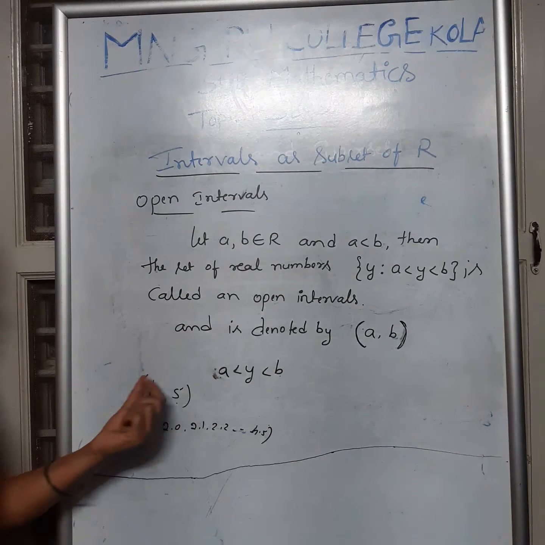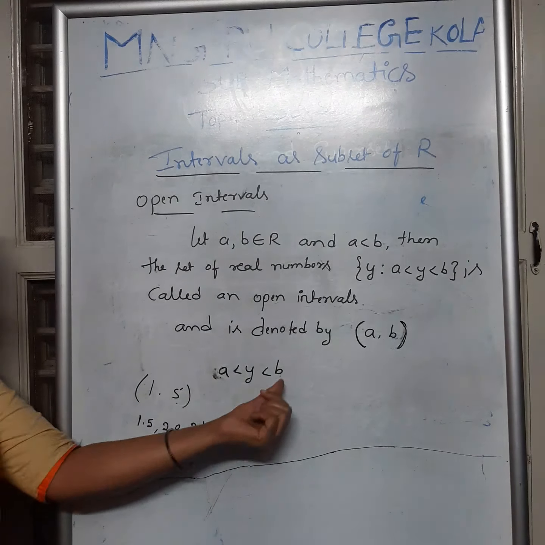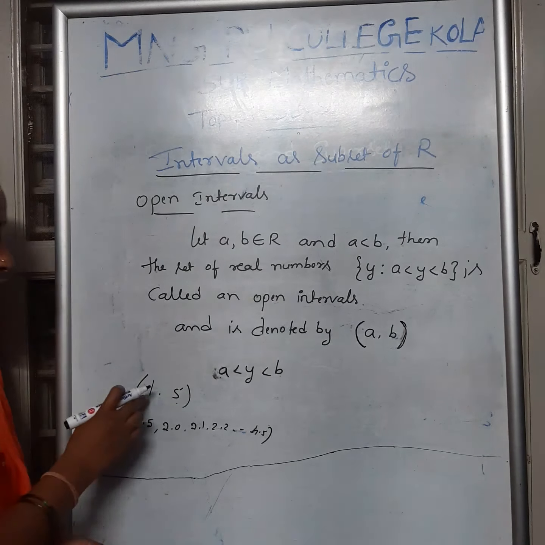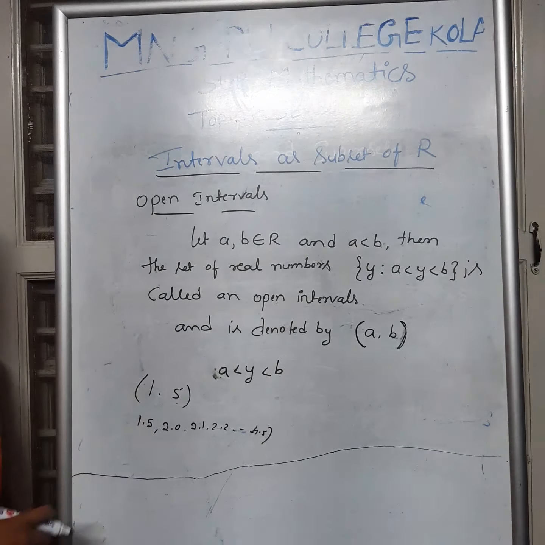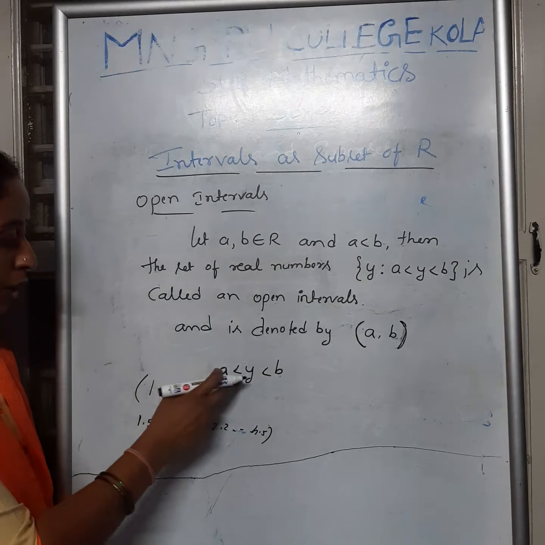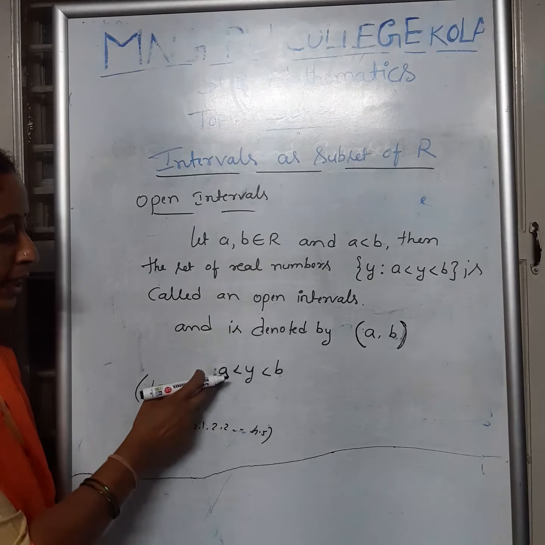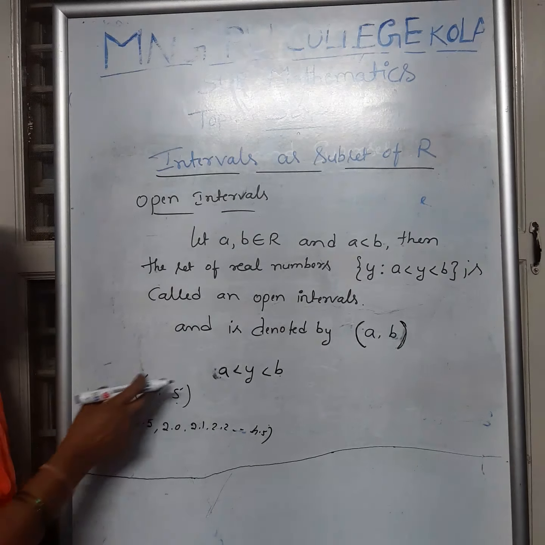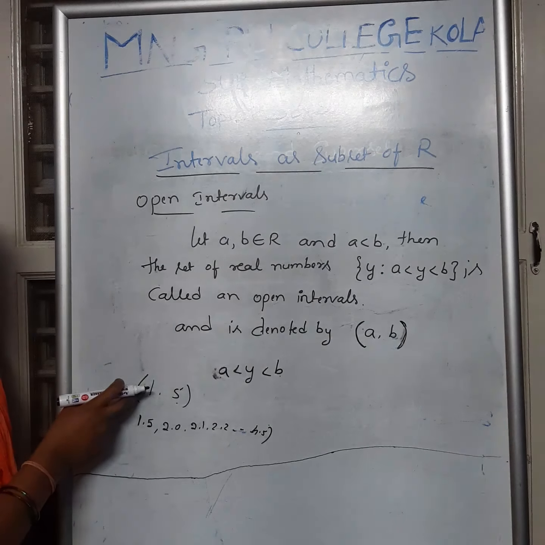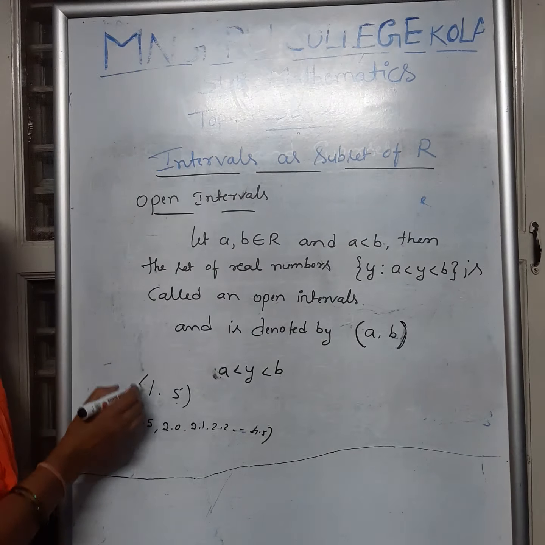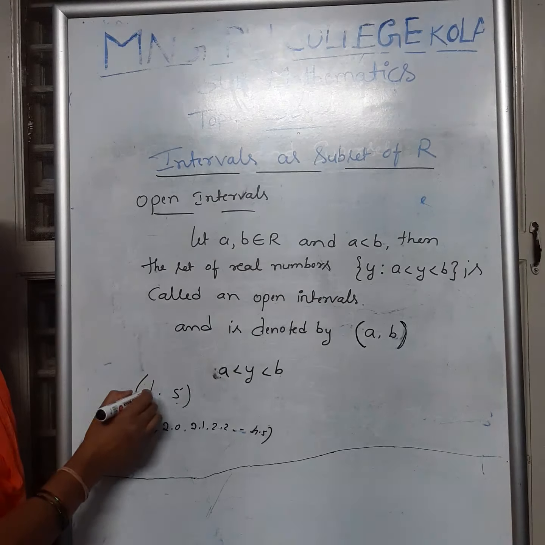Suppose for example in the place of a we have 1 and in the place of b we have 5. In 1 to 5, whatever values come, those are the y values. The y value should be greater than a. So 1.5 is greater than 1, no? But here we don't take 1. We don't start the real numbers from 1.